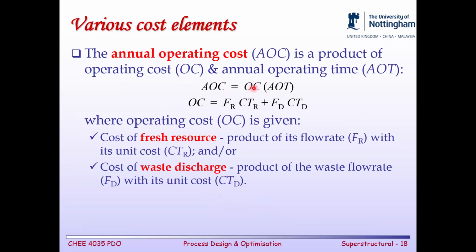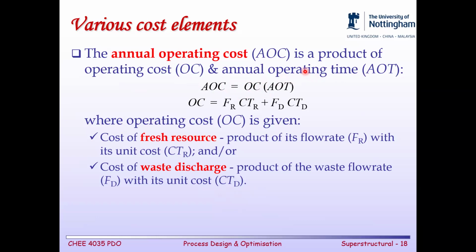The annual operating cost is determined by multiplying the operating cost and the annual operating time. So if the operating cost is per second or per hour, you have to convert it into per year, and that is the annual operating time.